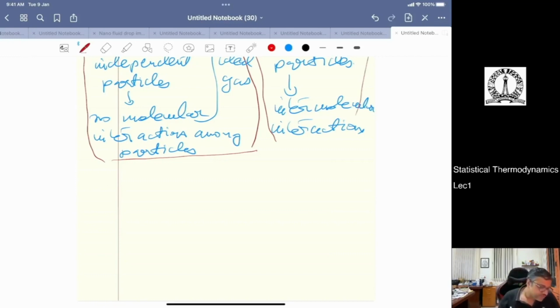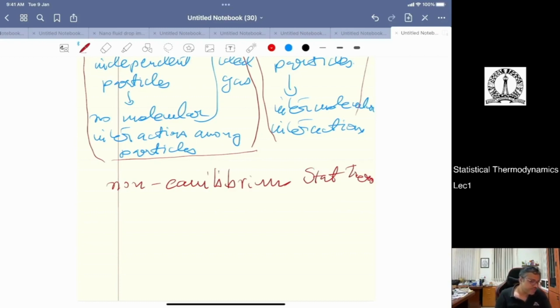The third conceptual theme is called non-equilibrium. Remember the word? Non-equilibrium stat thermo. Now this is a little dicey, because here we are concerned with the dynamic behavior that happens when our system shifts between different equilibrium states.